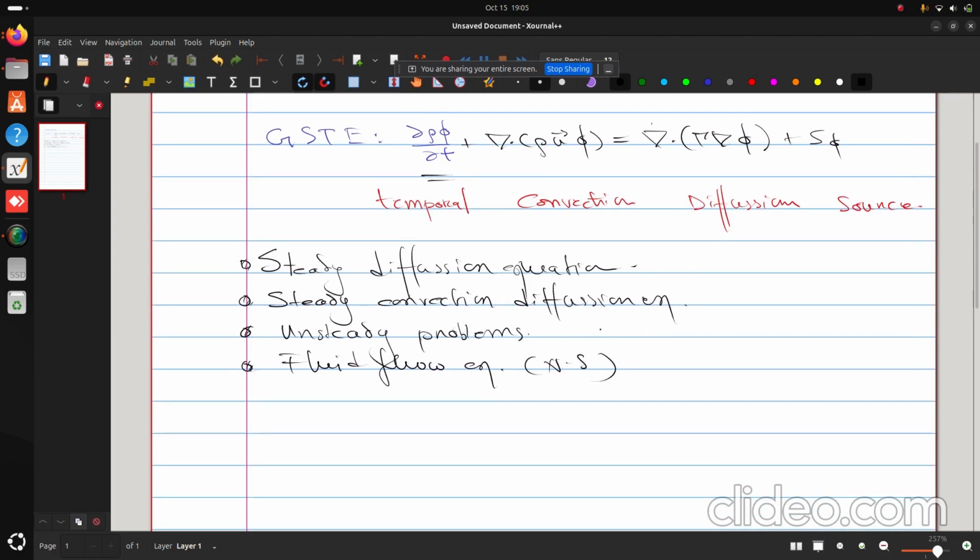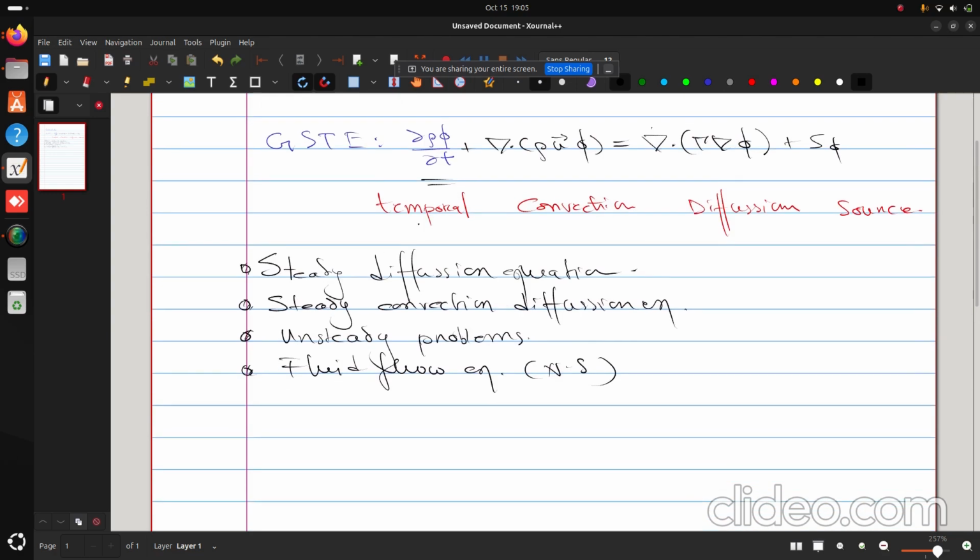So now let's start by doing a sample problem of steady convection diffusion equation and look at all the assumptions and the schemes that we make and how it affects the final solution.